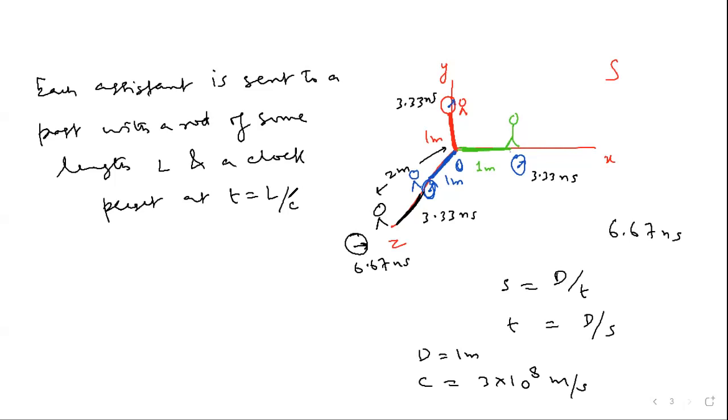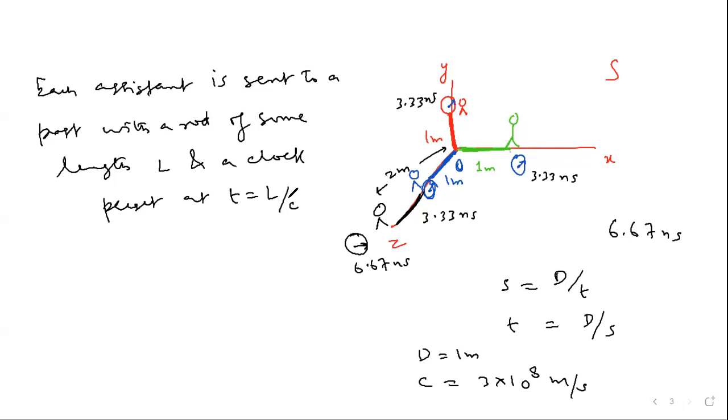As the light signal reaches the other clocks, each is started in turn at the preset reading. Thus, the clock on the x-axis at x equals 1 meter is started at the preset reading of 3.33 nanosecond when the clock at the origin reads 3.33 nanosecond.